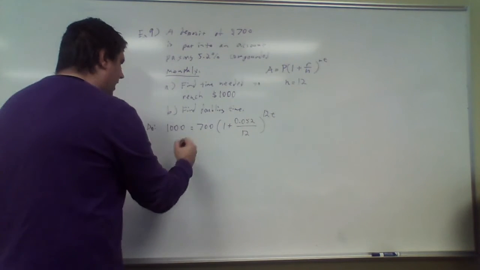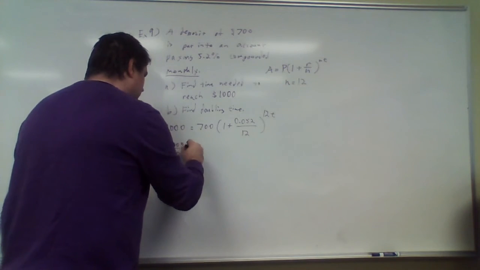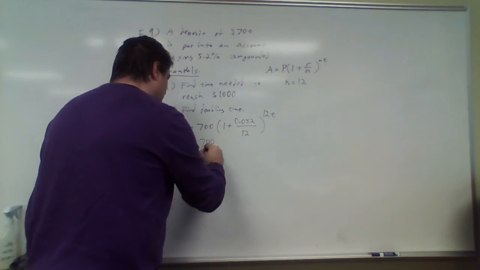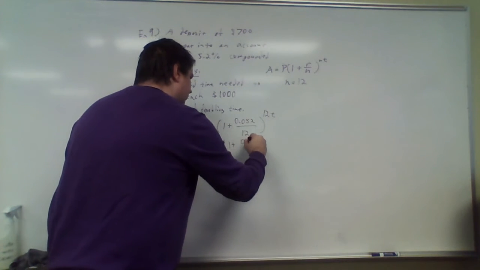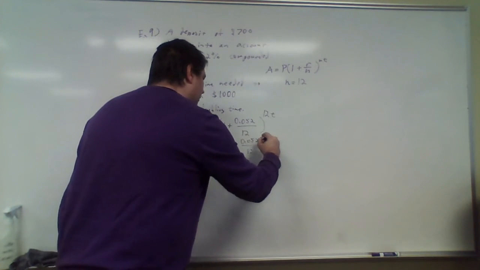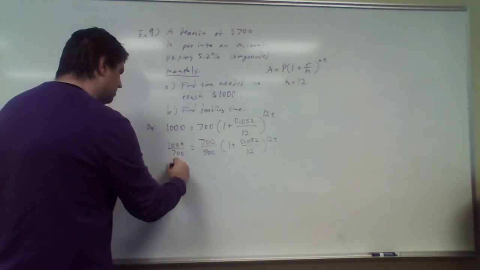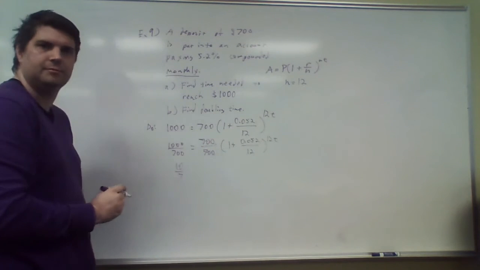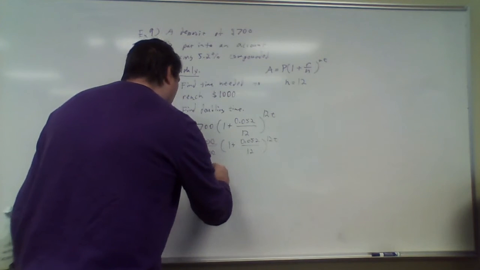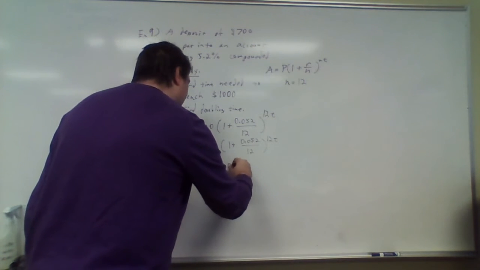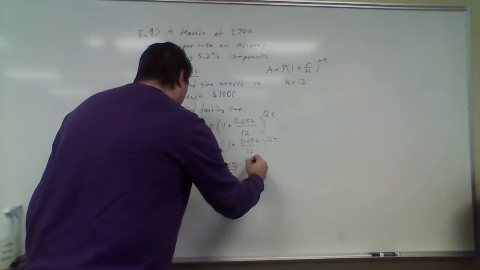So we're going to have to divide off the 700. And that's going to be 1 plus 0.052 over 12 to the 12t power. So this cancels, and this reduces to 10 sevenths. 10 sevenths equals (1 plus 0.052 over 12) to the 12t power.